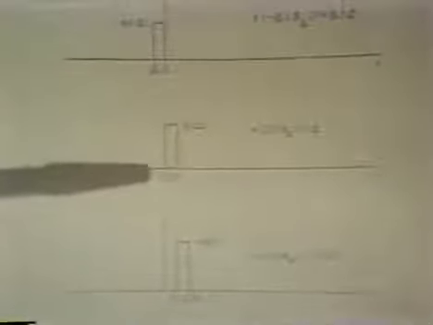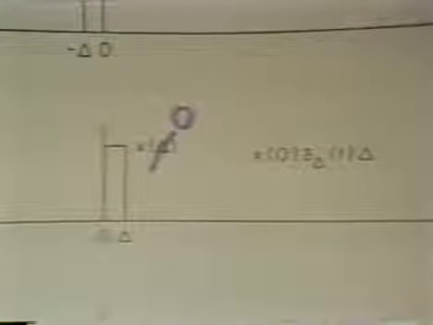Now let's look specifically at the rectangle, for example, starting at 0 and ending at delta. And the amplitude of it is x of delta. Actually, this should be x of 0, so let me just correct that here. That's x of 0.